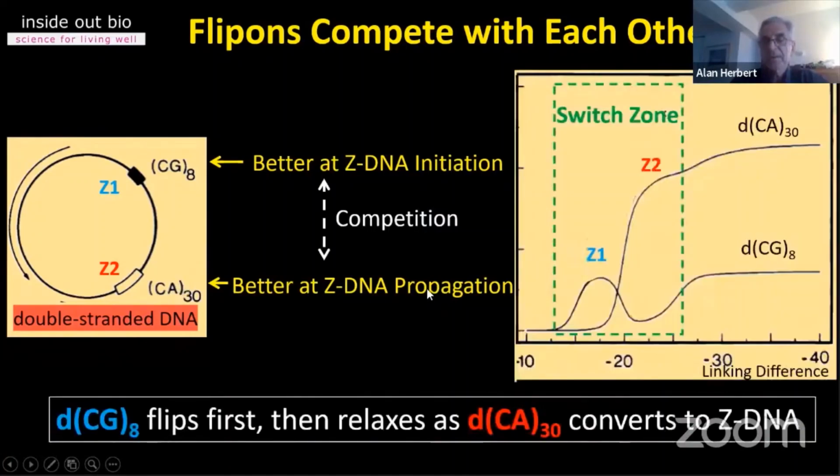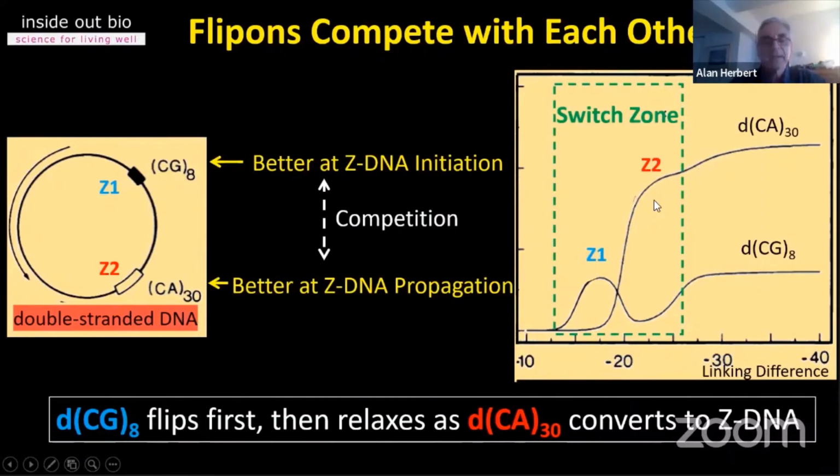And the consequence is that when you start cranking up this particular closed circle double-stranded DNA, you initially induce the flip in the Z1, C8 sequence, but as you keep cranking it up, suddenly you flip the CA sequence into Z, and this absorbs all the topological energy and flips the Z1 sequence back to B while capturing Z formation in the Z2 sequence.